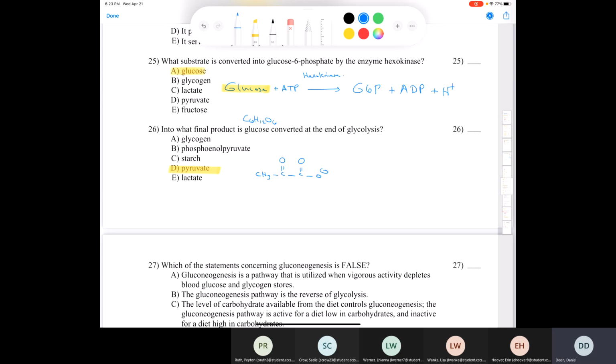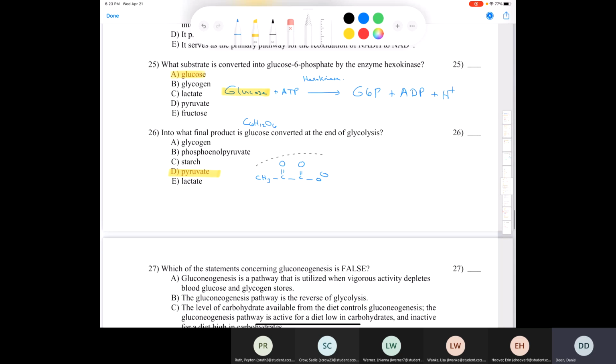And pyruvate is nothing more than the conjugate base of pyruvic acid, which is, if you just take this molecule, copy it and paste it, and all you have to do is remove the negative charge and put a hydrogen there, and you have pyruvic acid. And you guys should remember acids and their conjugate bases. That would have been covered in Chemistry 101. So again, pyruvate is just the conjugate base of pyruvic acid.